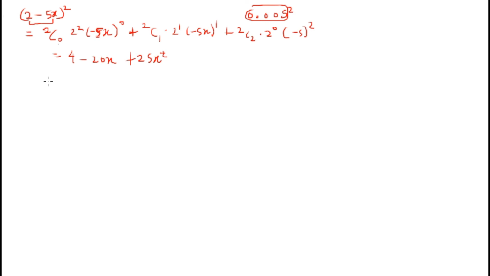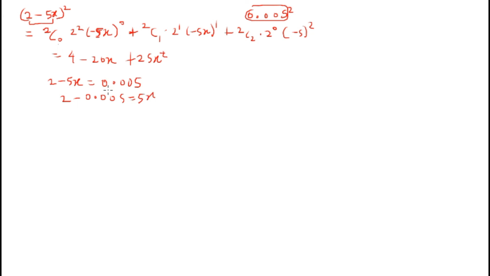We do that by equating, since they have the same power, the binomial to the term that you want to evaluate. So if you do that correctly, you should have 2 minus 5x equal to 0.005.